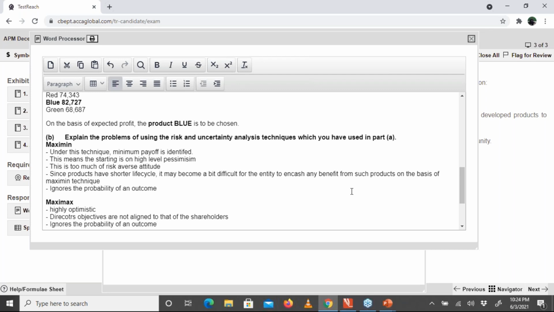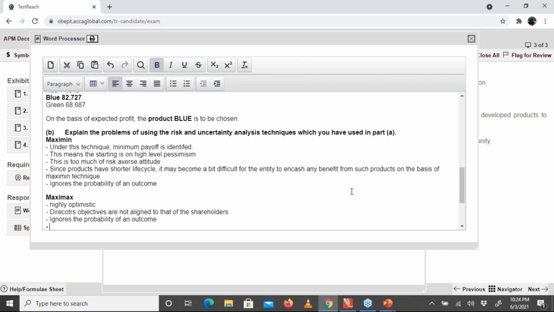So what happens is that it may lead to losses in case things do not go the way directors see it.